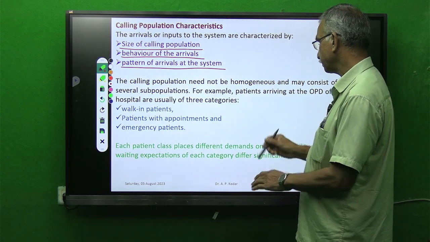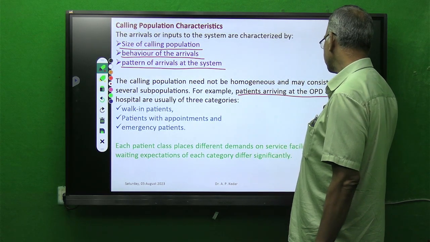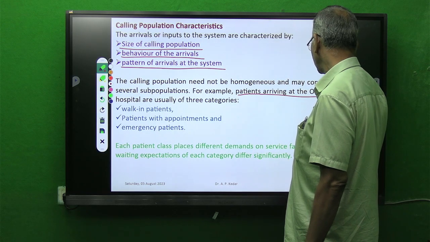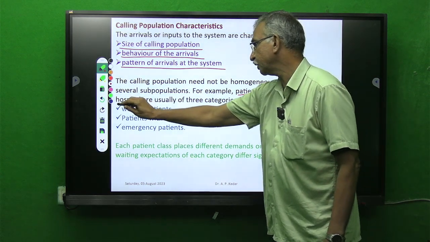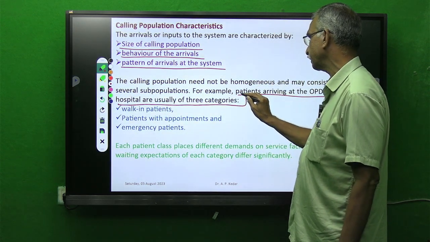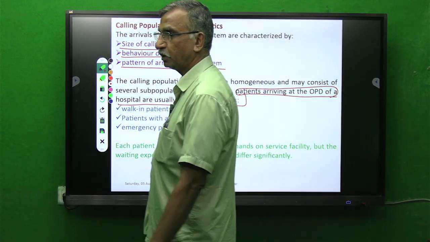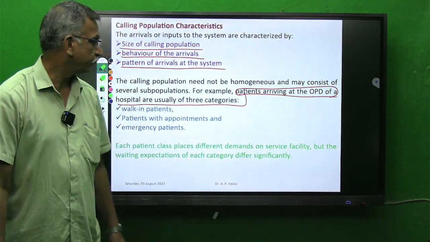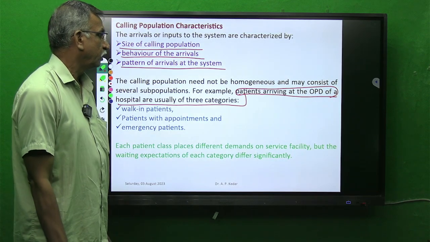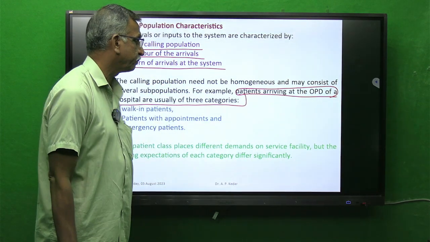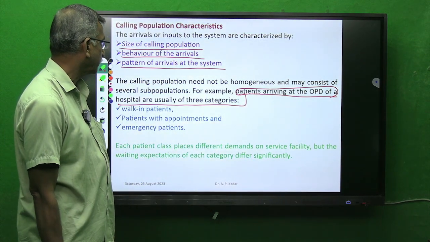For example, a very good example, patients arriving at the OPD of a hospital are usually in 3 categories. Very important statement. We are conversant with outdoor patient department, which is abbreviated as OPD.